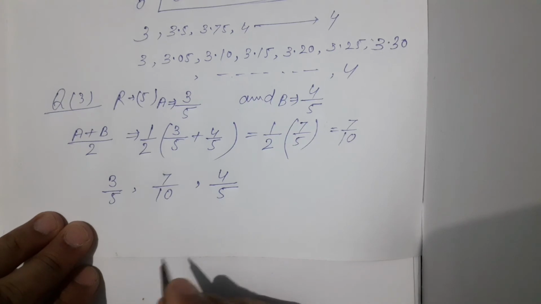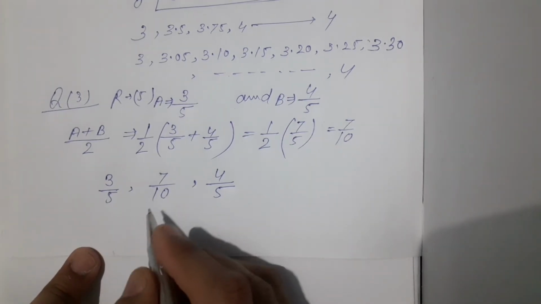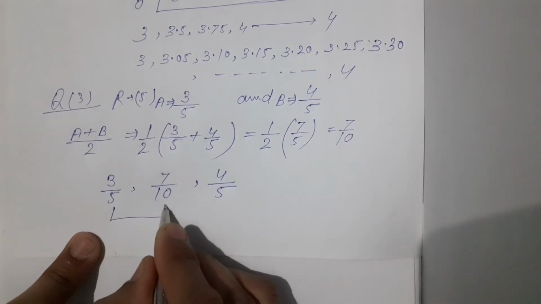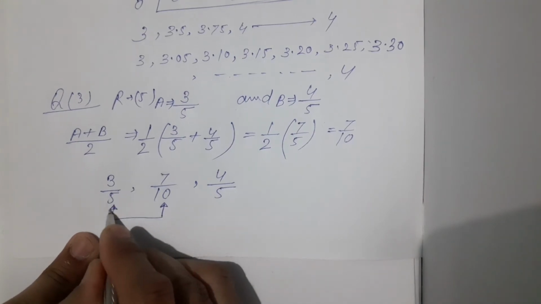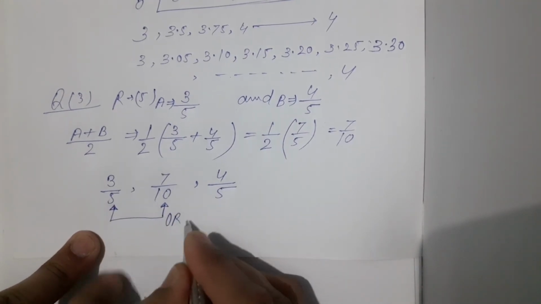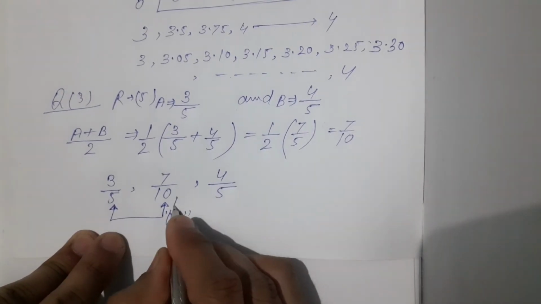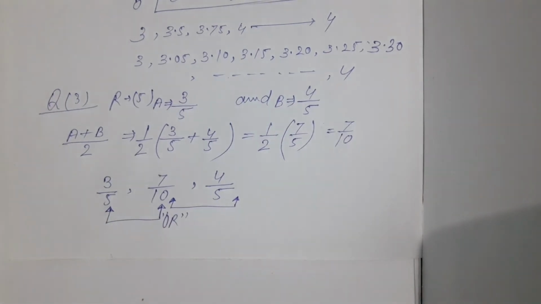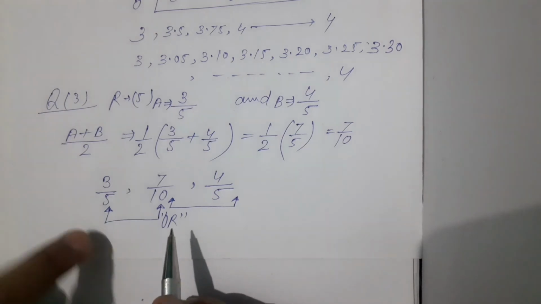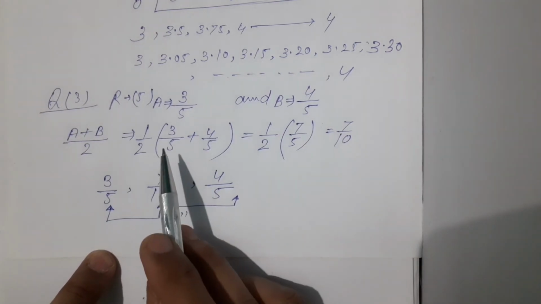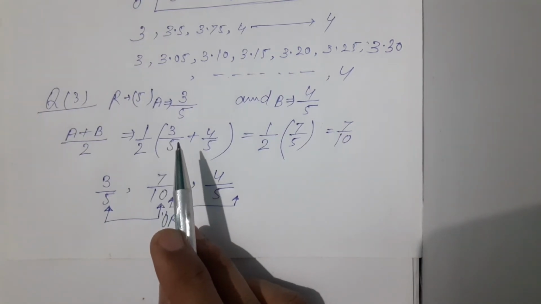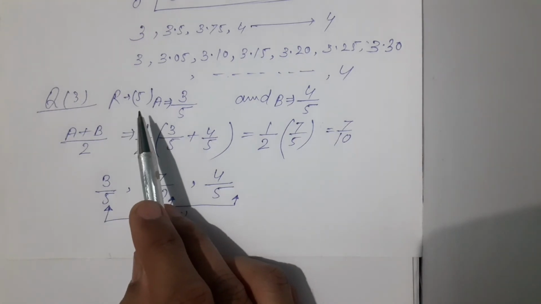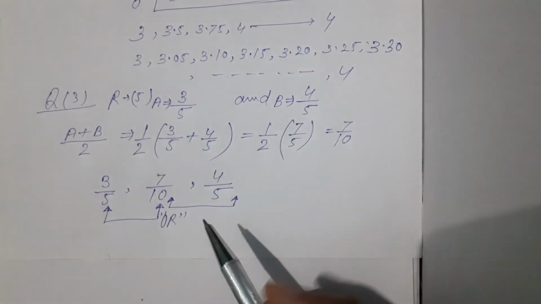Now you can find the next rational number by using 3 upon 5 and 7 upon 10, or 7 upon 10 and 4 upon 5. So you can solve it further to find a total of 5 rational numbers between 3 upon 5 and 4 upon 5.